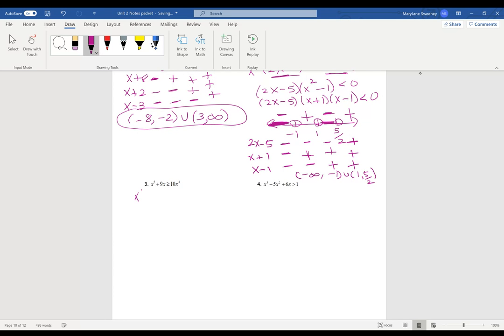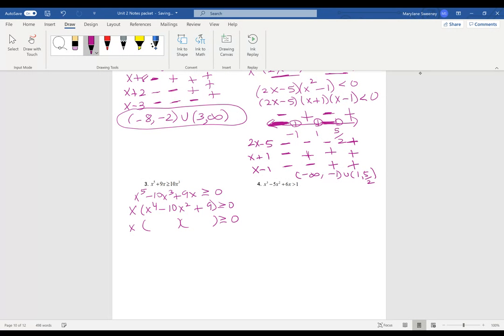All right, this is x to the 5th minus 10x cubed plus 9x greater than or equal to 0. I can factor out an x, right? You always want to pull out a GCF if there is one. Then I have a trinomial.